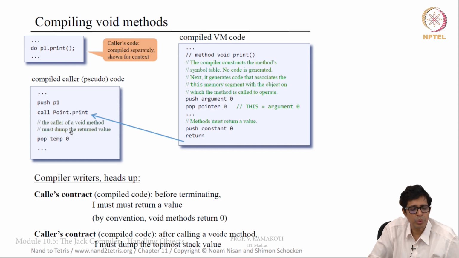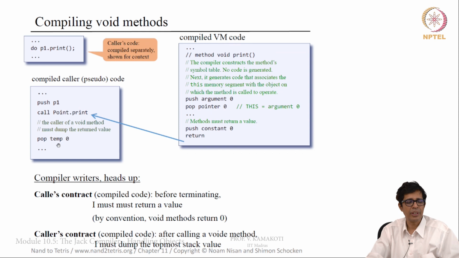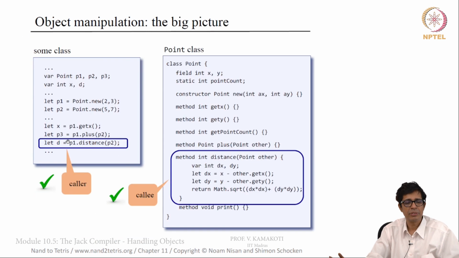After that return, since we are doing do, we just call point dot print here, and then pop temp 0. This is pop temp 0 because we are not going to use anything. It is returning something, so I have to pop it out because the stack has a redundant value. This is the way we compile void methods.